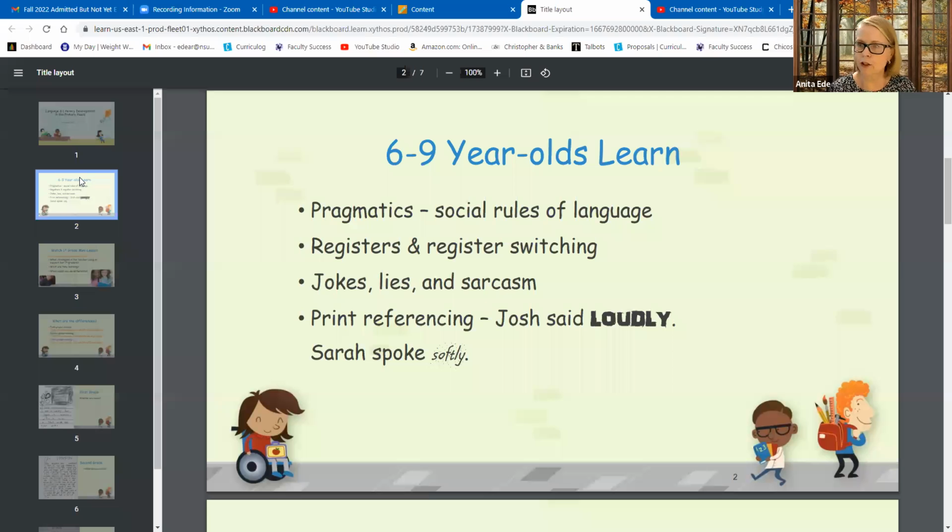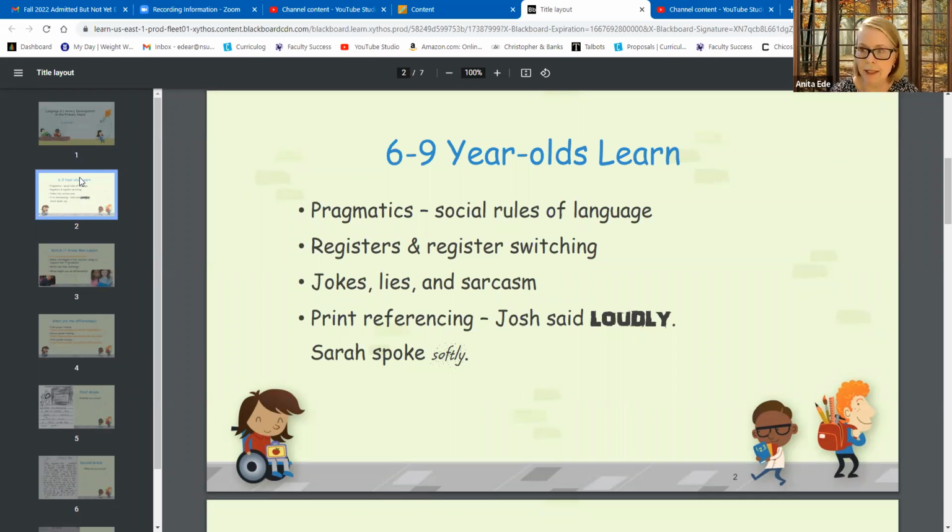They also learn how to joke and kid around, and you're usually the one they come and tell the joke to and expect big laughs, which is great. Unfortunately, they also sometimes learn how to lie. And they learn about sarcasm, and that can be unhappy in the classroom. They also learn print referencing, such as when they see things in print, they know that some things are printed a certain way because it's supposed to be loud, or it's printed a certain way because it's supposed to be soft.